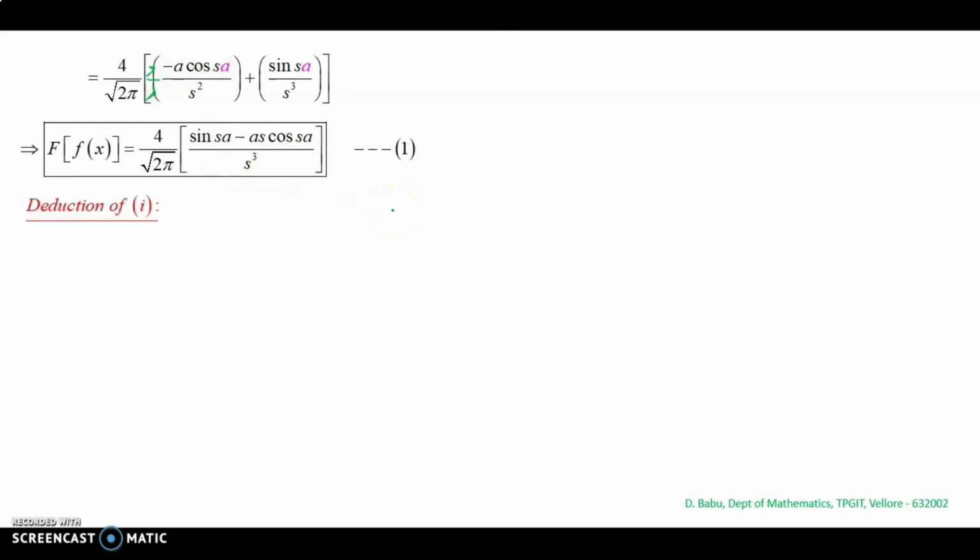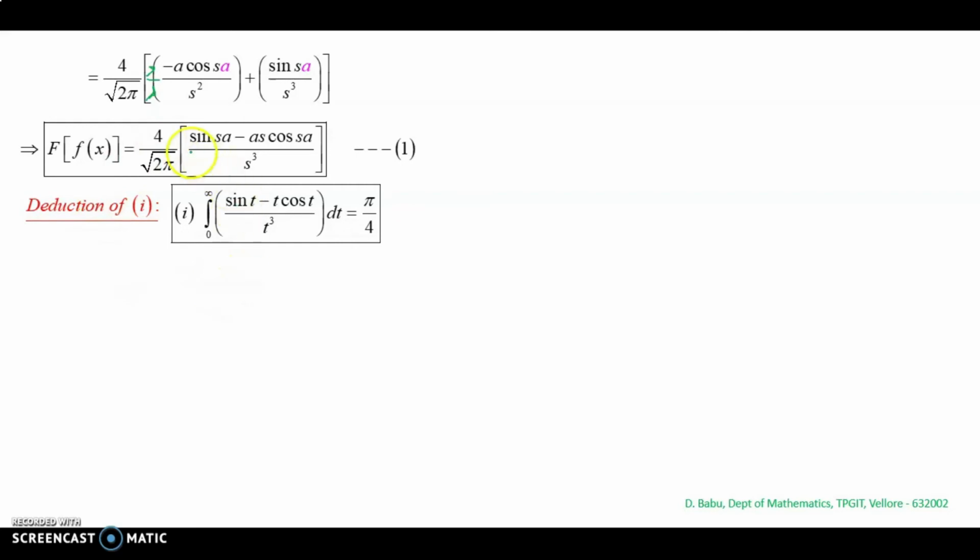So next, deduction. For deduction, we have to apply either inversion formula or Parseval's identity. If the deduction is similar to Fourier of f of x, then we have to apply inversion formula. If the deduction is similar to Fourier of f of x the whole square, then you have to apply Parseval's identity formula.